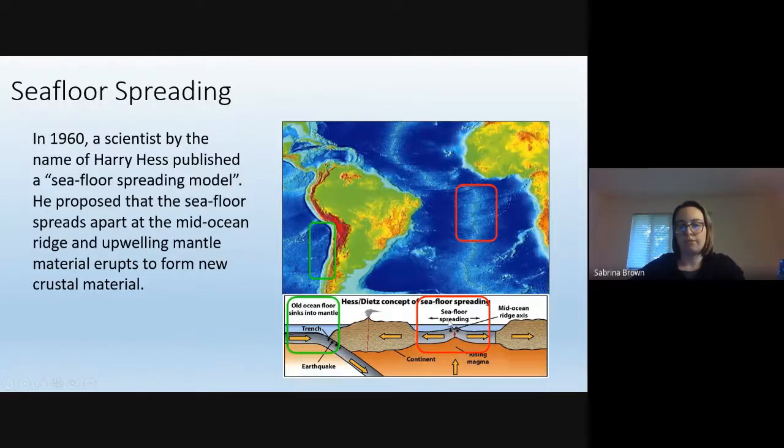We have rising magma here, and also volcanoes in association with our trenches here as well. So we have earthquakes and volcanoes associated with both seafloor spreading and recycling of lithosphere at trenches.